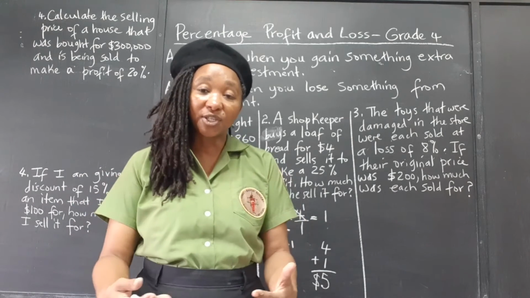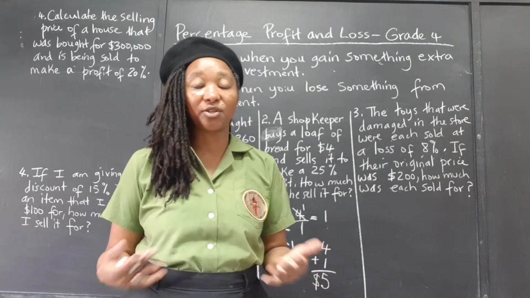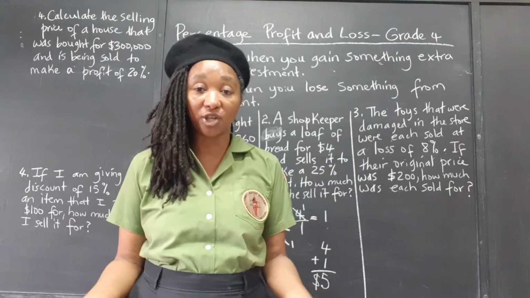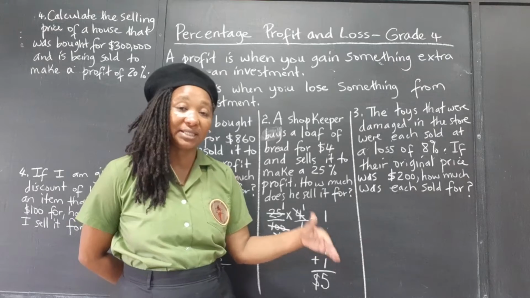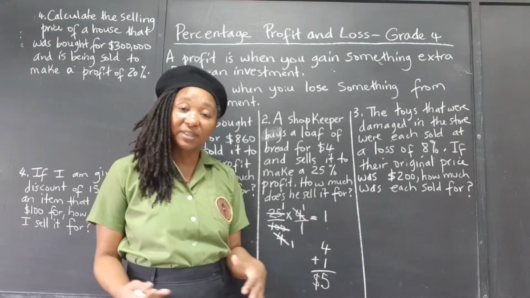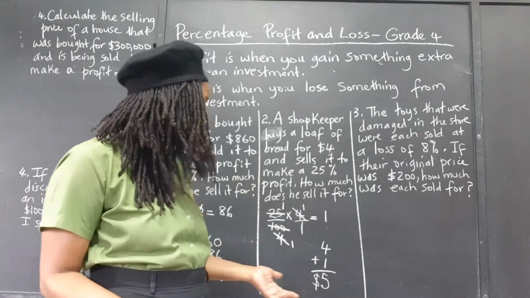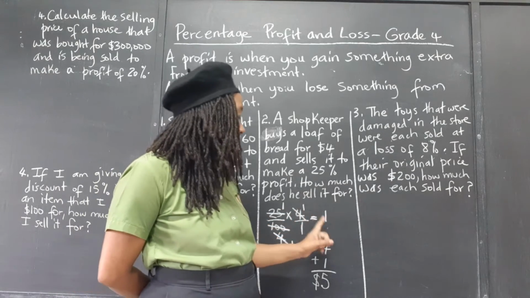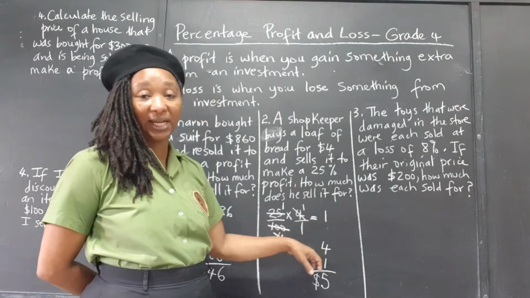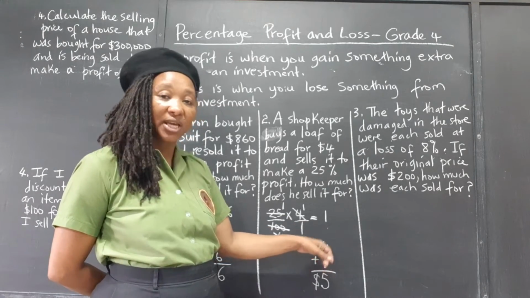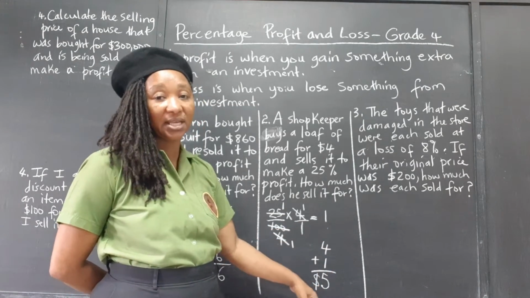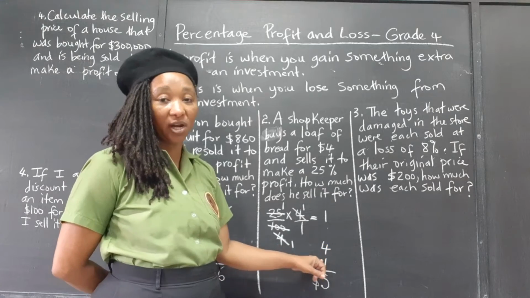He has to add some extra on it, and he needs to earn his salary too, because that's his job, right? So he's putting some extra money on each thing that he's selling, so at the end of the day, he can earn his keep. So he's making an extra $1 on every loaf of bread that he sells. He buys them for $4 each, he sells them back for $5, he's making a profit of $1 on each loaf of bread.